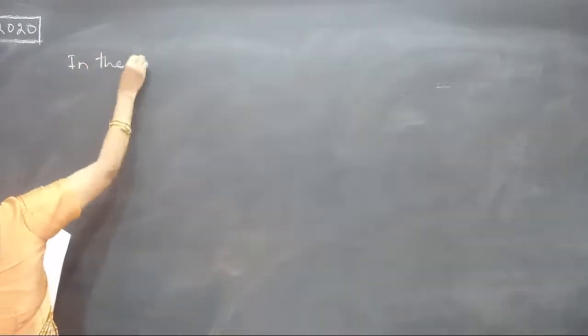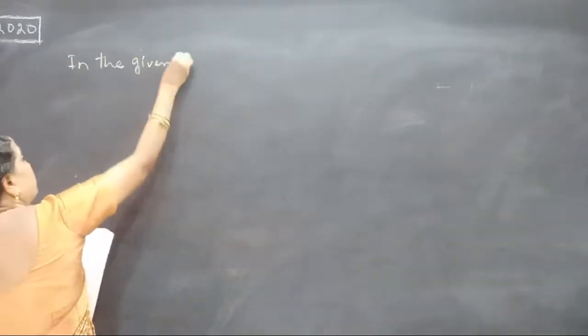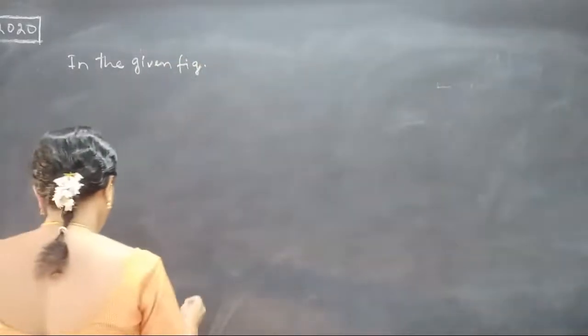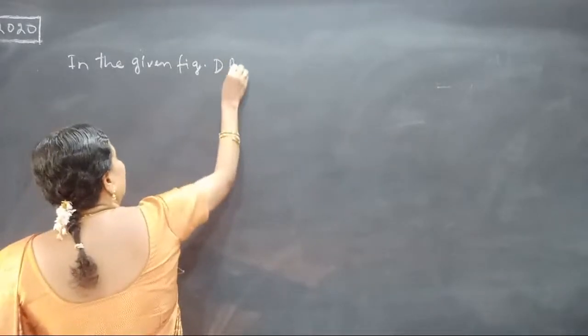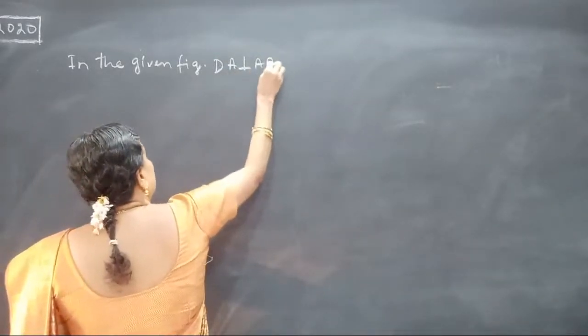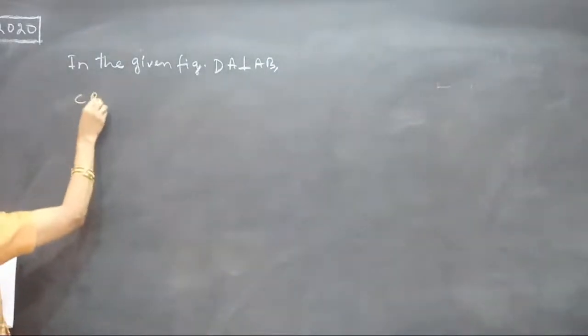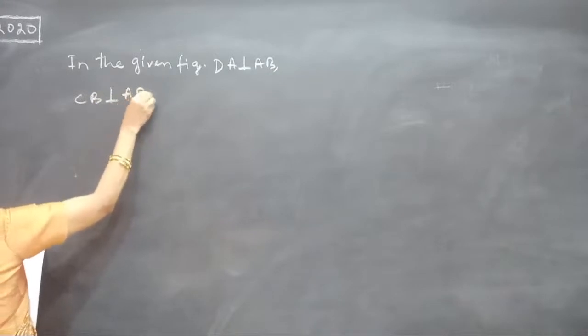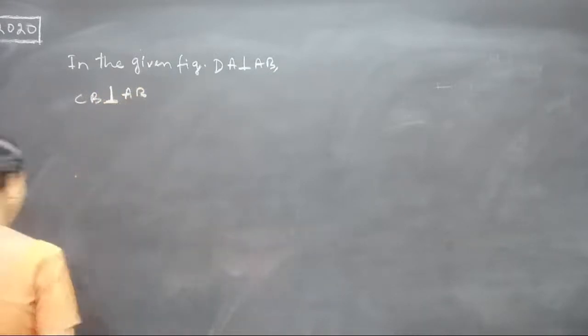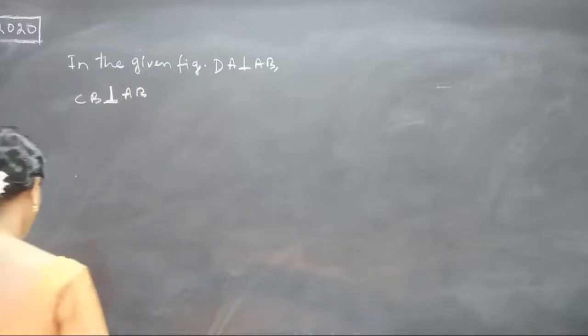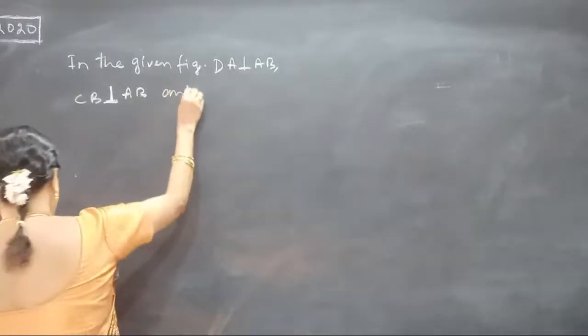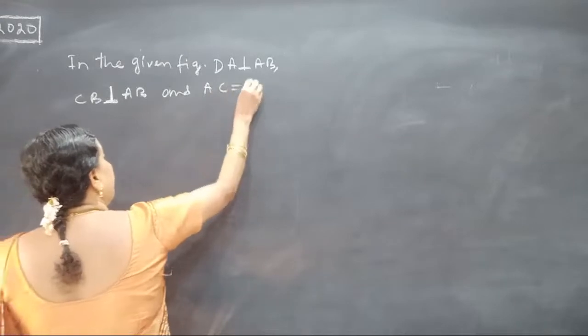In the given figure, TA perpendicular to AB, CB perpendicular to AB, and AC equals BD.